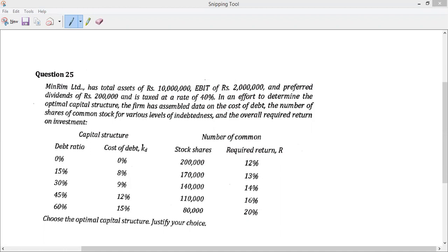Earlier, for every question, we were calculating the WACC and value of the firm. Now, we can also calculate this, which is another indicator of the capital structure strength of a company: what is the value of the share of the company in the market.